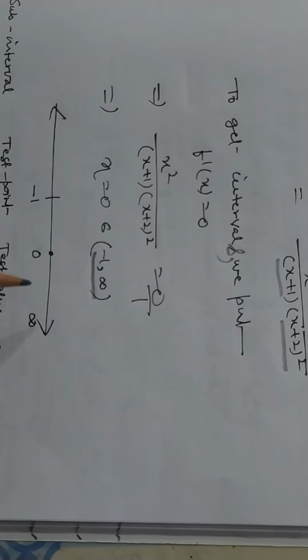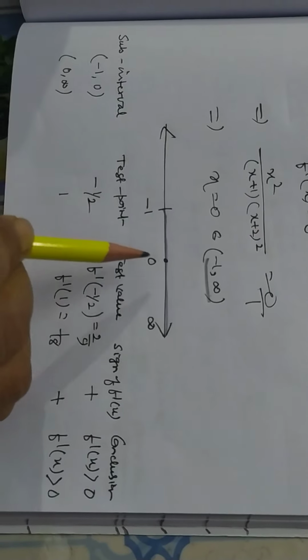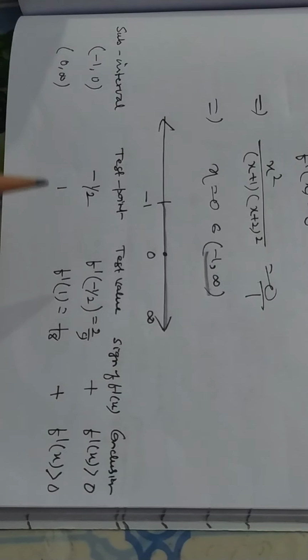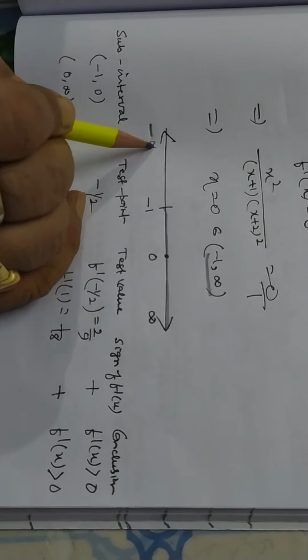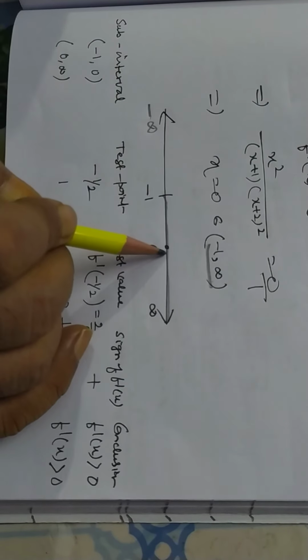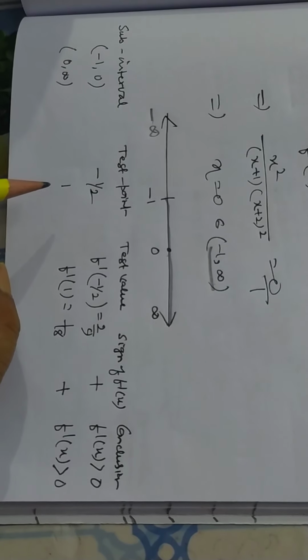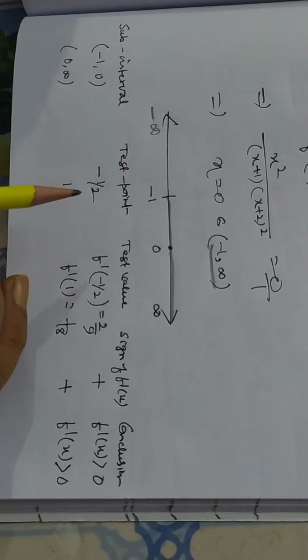So we take the interval from minus 1 to infinity and take a value 0. So what do we observe? Minus 1 to 0 is one sub-interval, and 0 to infinity is another interval.